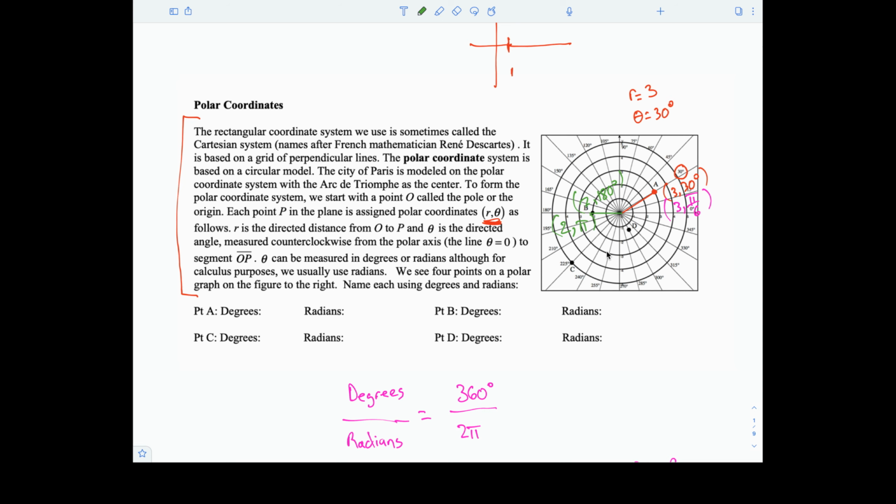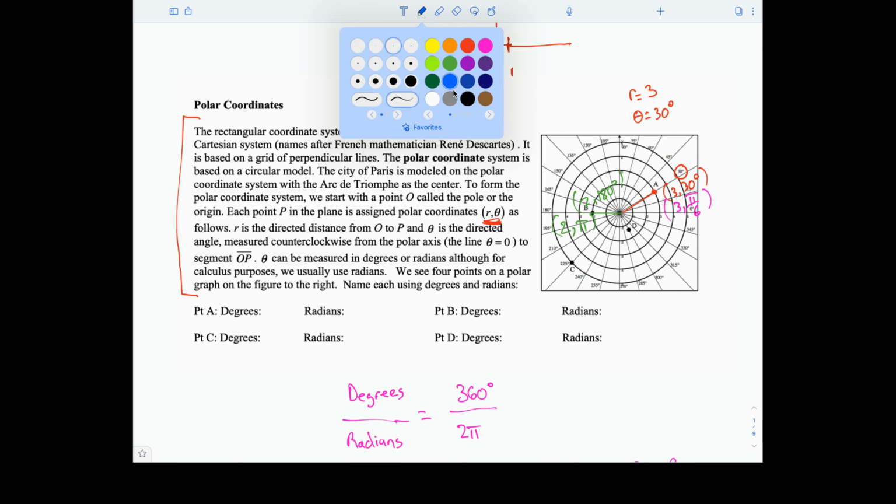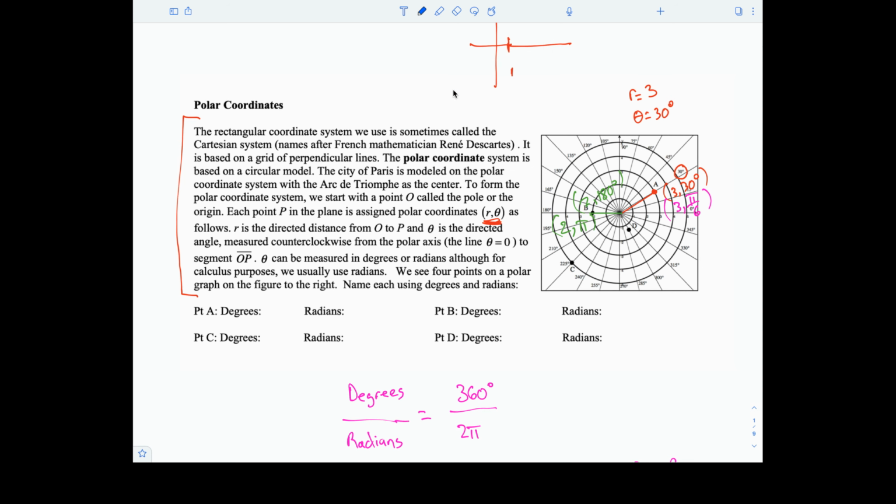Okay, if we look at the next point that they give us, that's going to be out 1, 2, 3, 4, 5 concentric circles. So this would be (5, 225), or if you prefer, (5, 5 pi over 4).